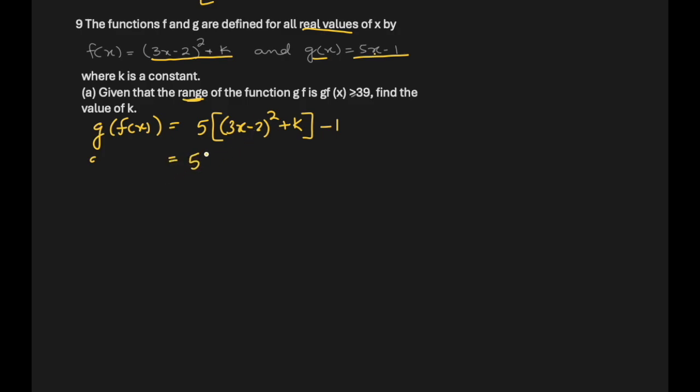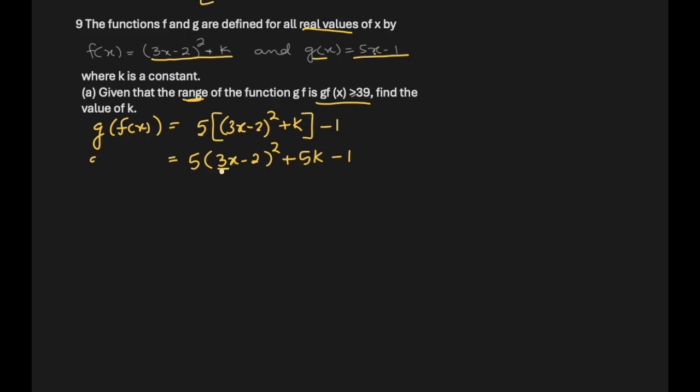So 5(3x minus 2) squared plus 5k rather, because 5 will multiply with both, minus 1. And since they have given us the range, let's convert this to vertex form of the quadratic.